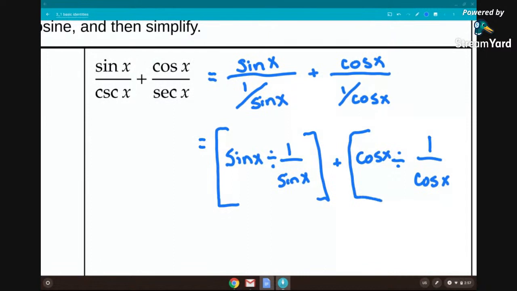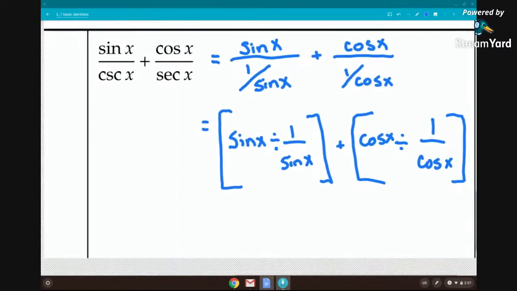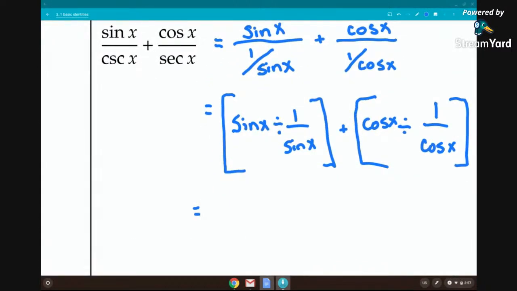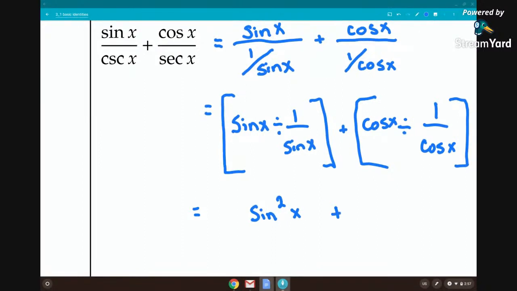And similar reasoning, we can multiply by the reciprocal, and this group would turn to sine squared x, and this group would become cosine squared x.